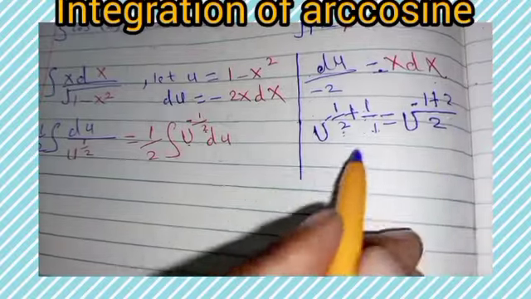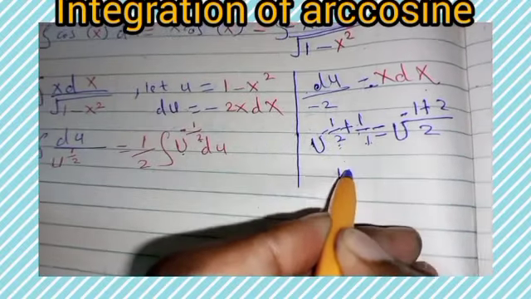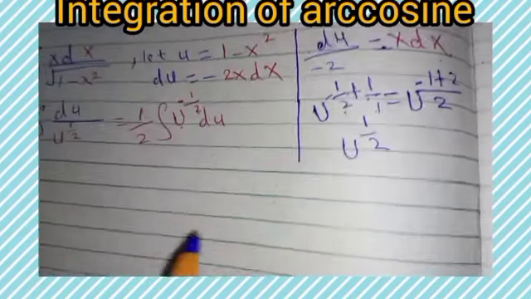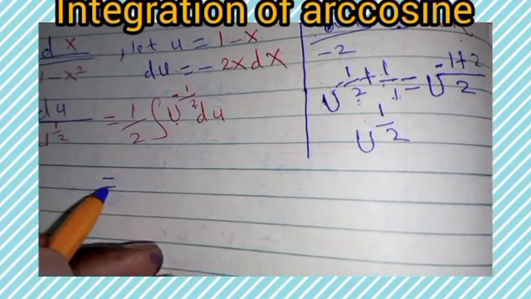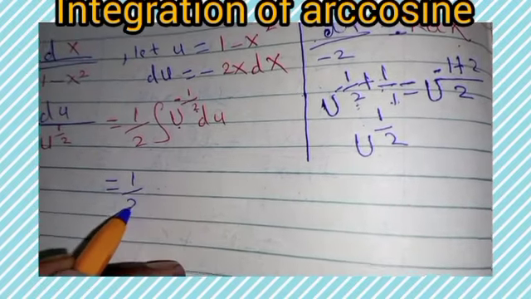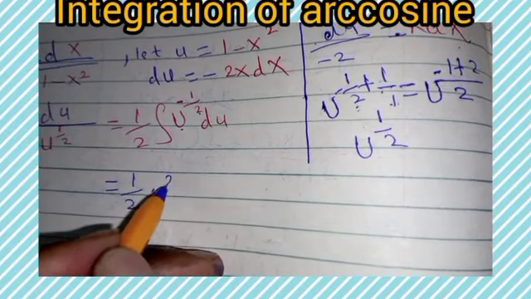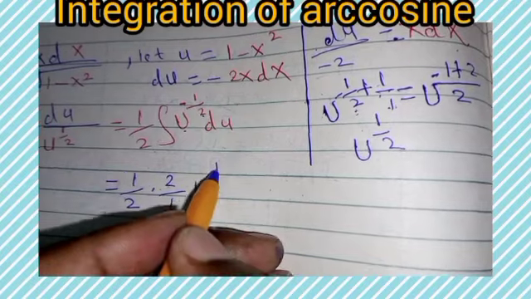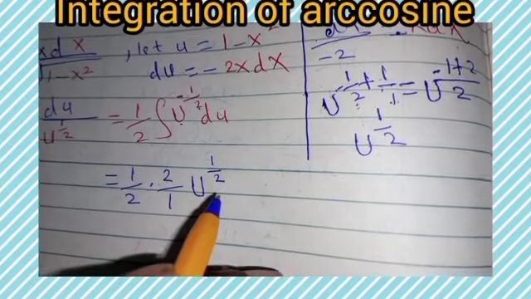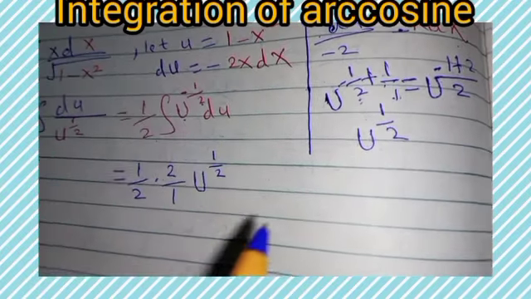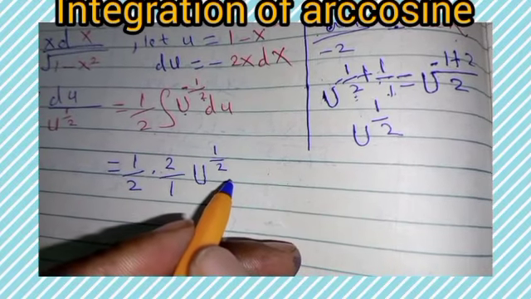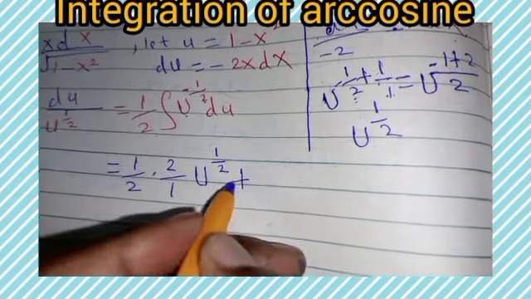So -1 plus 2 is 1 over 2. The result here will be half multiplied by 2 over 1, u power half, plus constant c.